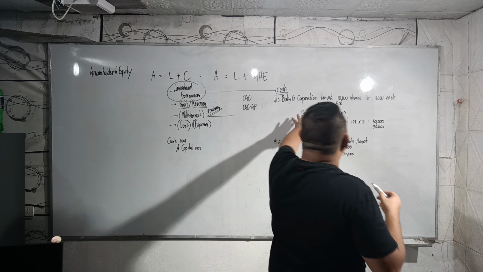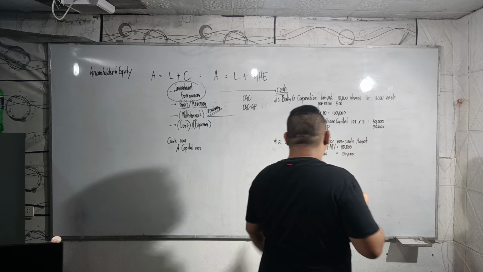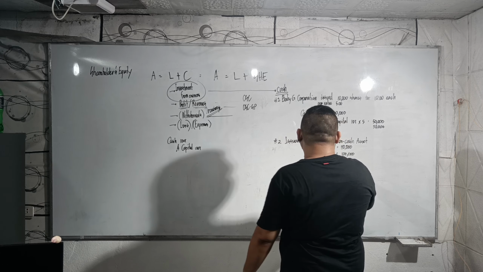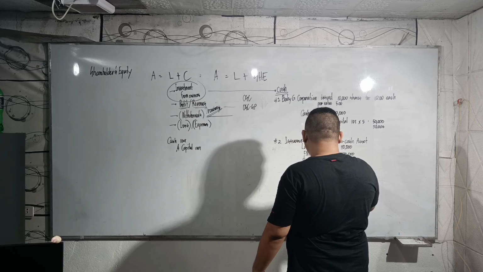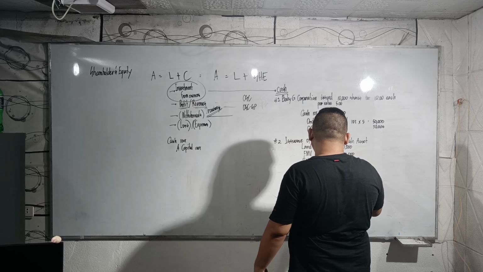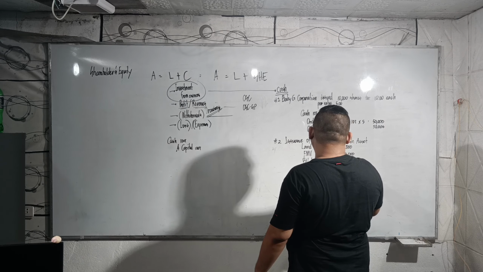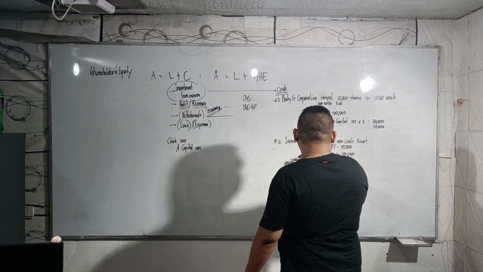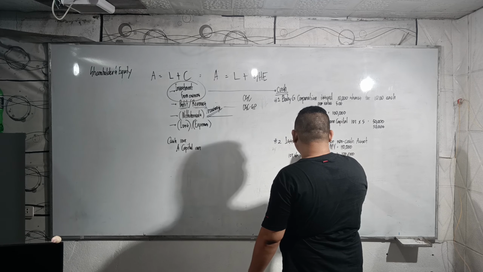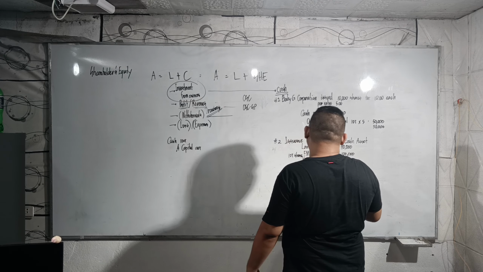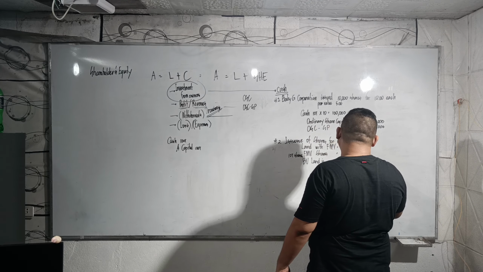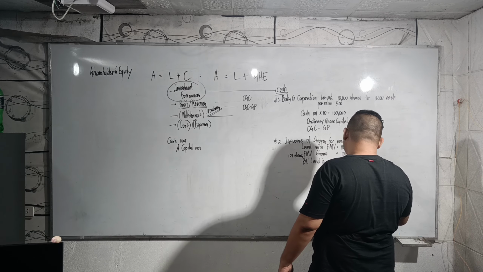Basically, I just copied here, 10,000 times 10, that's the fair market value of the shares. But the book value of the land is 90,000.